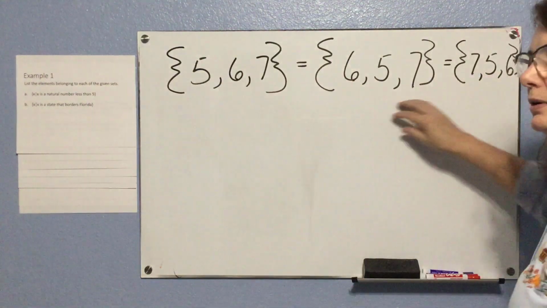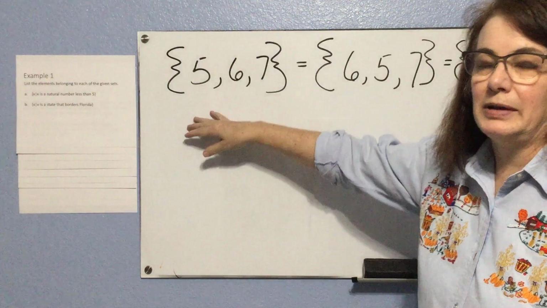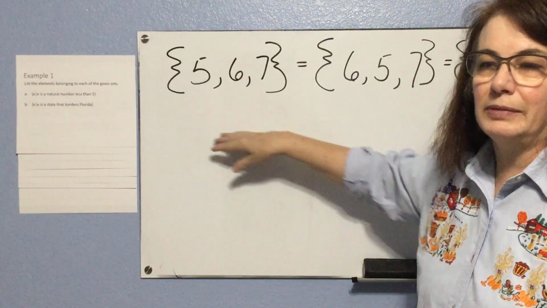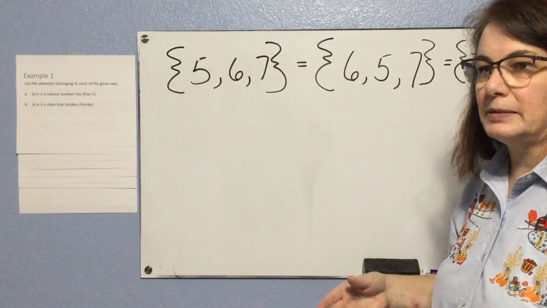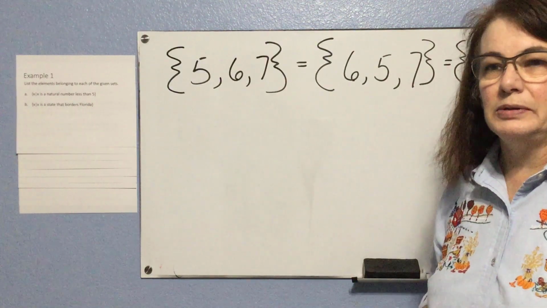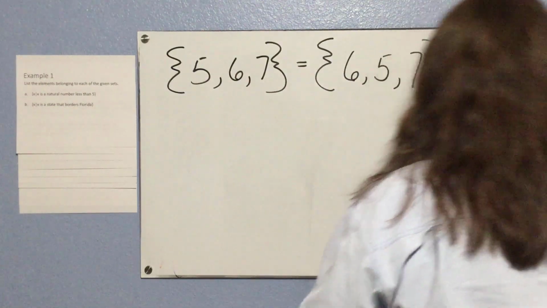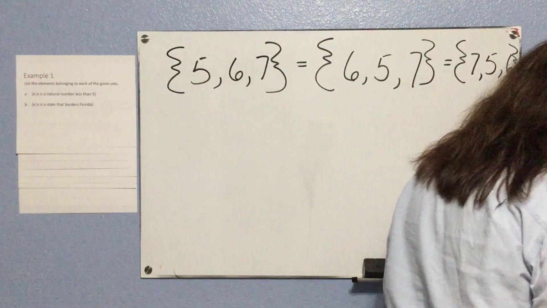Okay, the order of the elements is not important, although it's nice to have them, if they're numbers, in numerical order, just so that, especially with larger sets, we can compare and make sure that they do indeed have all the same elements. Okay, but these are equal sets.